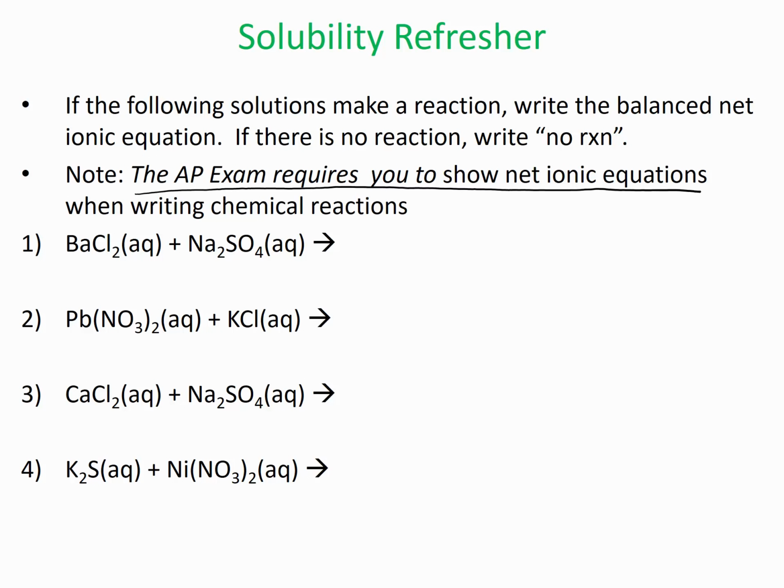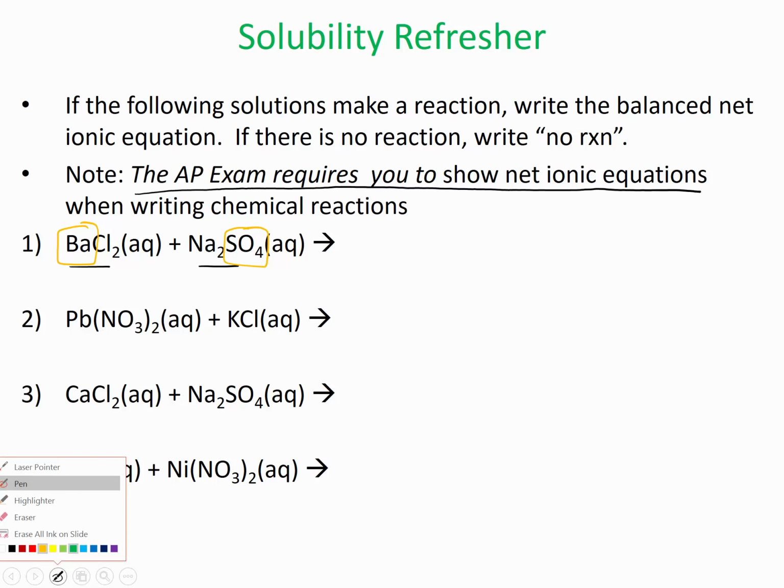Here we're given the full compound, and we want to look at our possibilities. We basically want to swap cation and anion, and ask the question, would that make a precipitate? We have to apply the solubility rules for that.